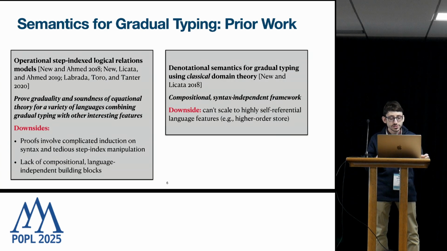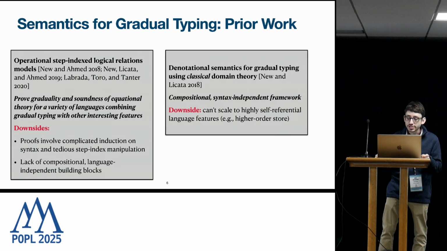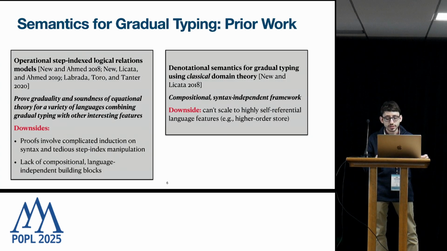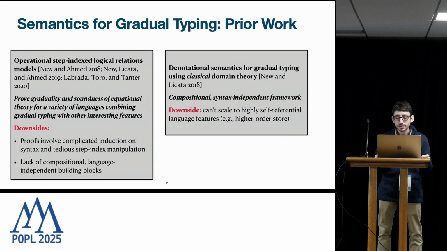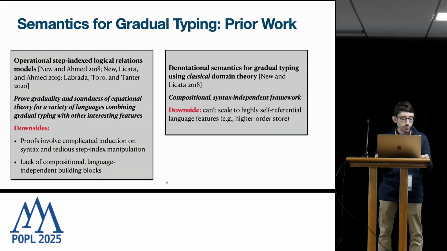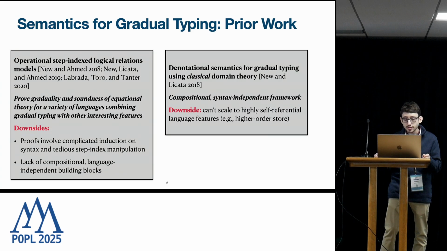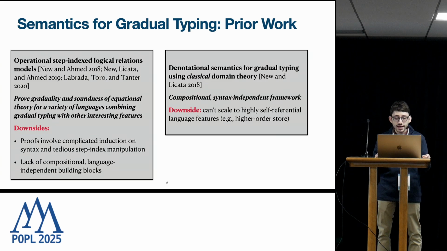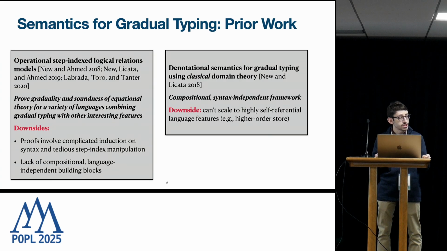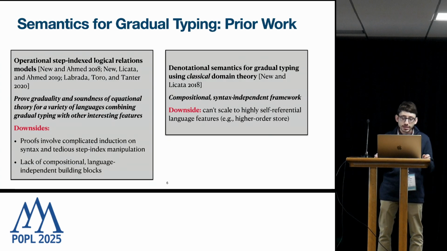So to achieve compositionality, New and Licata presented a denotational framework for gradual typing using something called classical domain theory. And by classical domain theory, I'm referring to things like omega CPOs and order theory, et cetera. If you're not familiar with that, that's fine. The point is basically that while this approach has the advantage of being compositional, it's unfortunately limited in a fundamental way in what languages it can model.